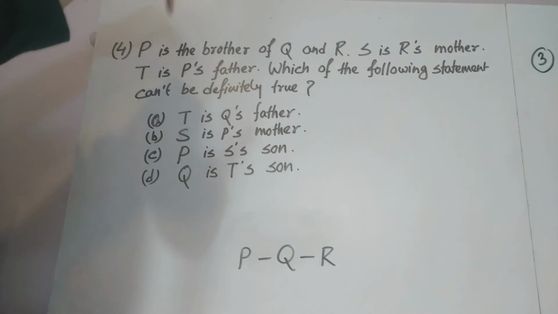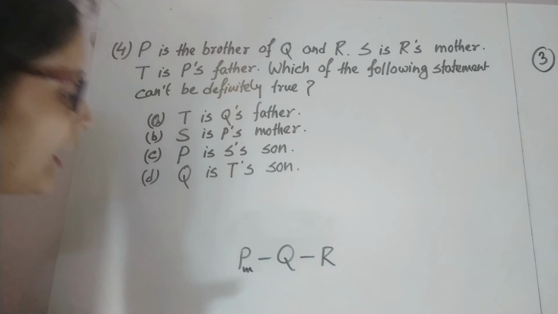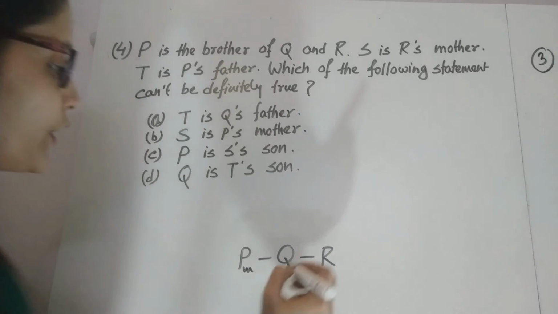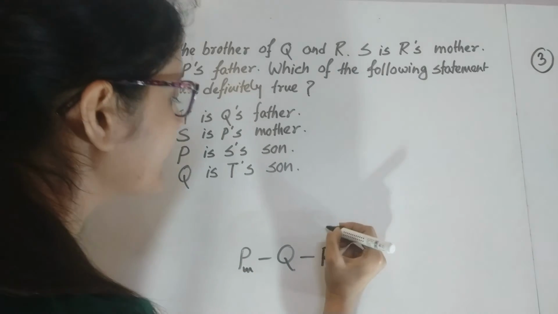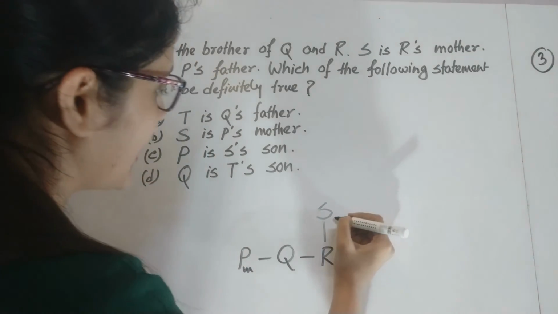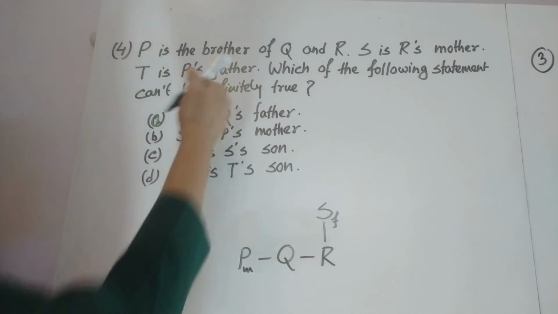As P is the brother of Q and R, here P is definitely a male member. S is R's mother. So S belongs to the previous generation and definitely she is a female member. T is P's father.